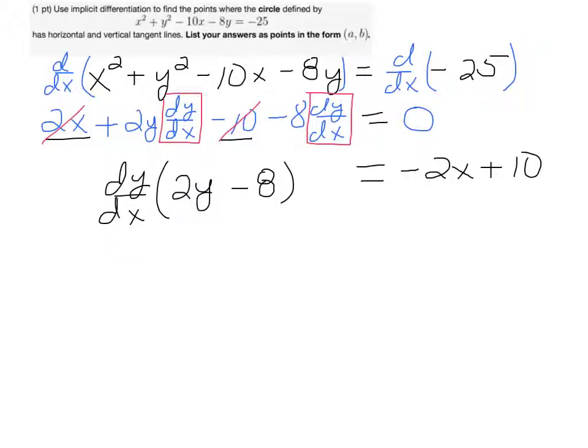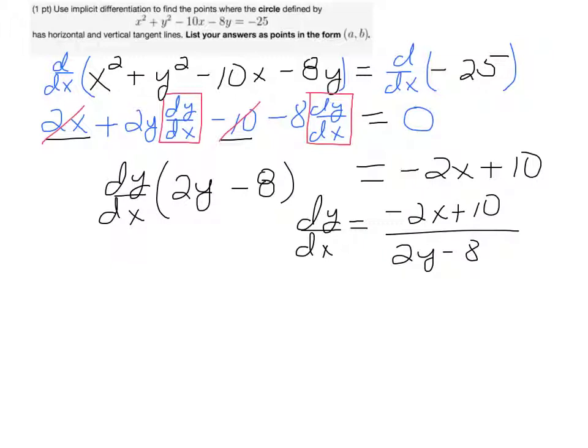All right, so now I simply have to divide both sides by this 2y minus 8, and when we do, we have dy/dx is equal to (minus 2x plus 10) over (2y minus 8).